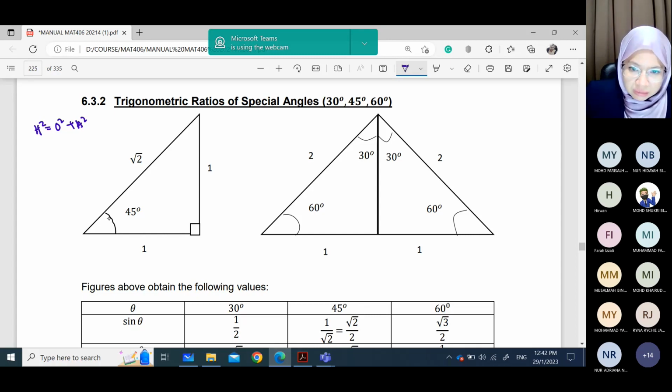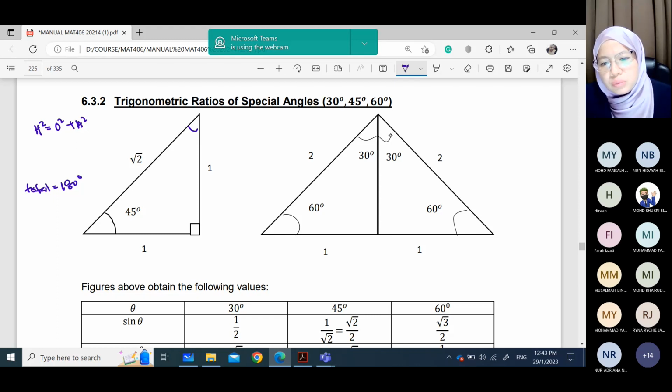Untuk semua sudut bagi segitiga ni total dia adalah 180 darjah. Maksudnya sudut yang ini tambahkan dengan sudut yang ini, tambahkan dengan sudut yang ini, total dia adalah 180 darjah. So kalau yang ni 30, ni 60, of course lah kat sini 90 degrees. Untuk segitiga besar ni 60 degrees plus 60 degrees plus 30 total up dia adalah 180 degrees.